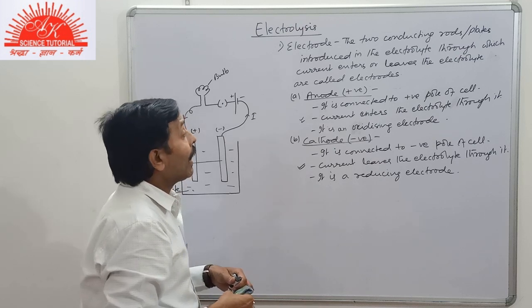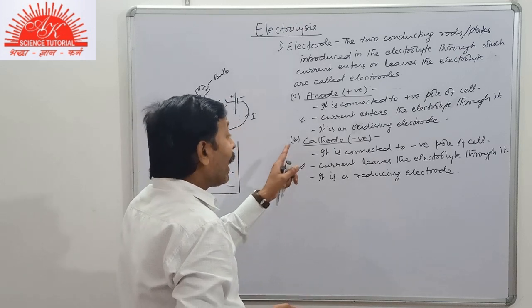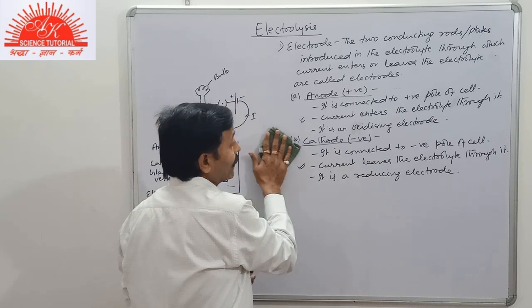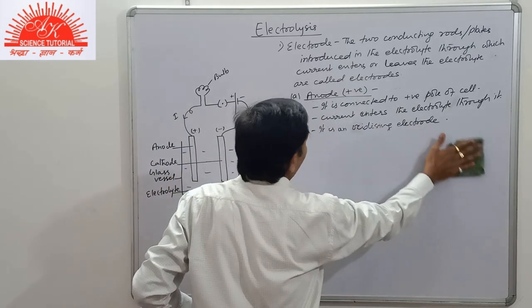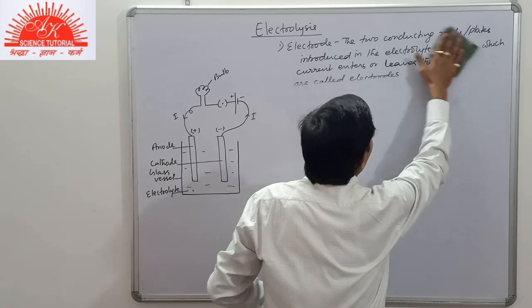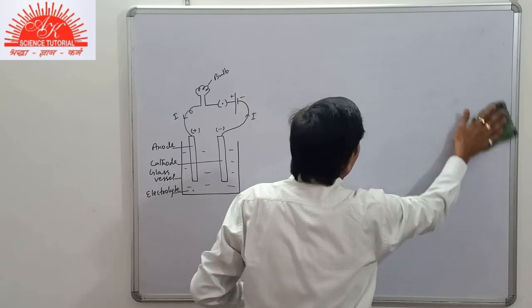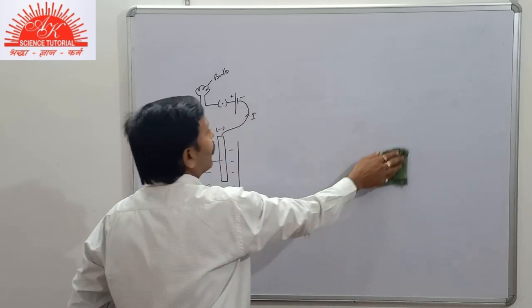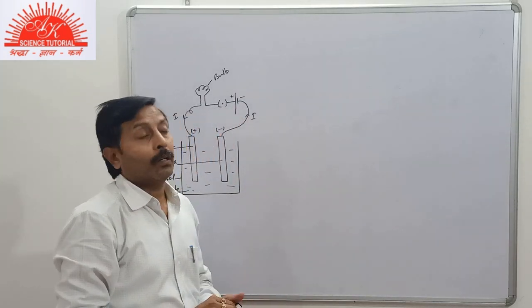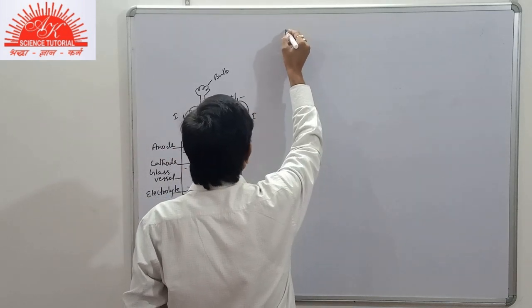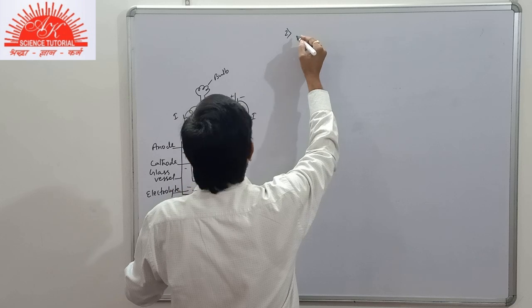At cathode, metallic ions and hydrogen, which is an exception, will be discharged, whereas at anode non-metals are discharged because non-metals are electronegative in nature. Now next term related to it is the electrolyte.